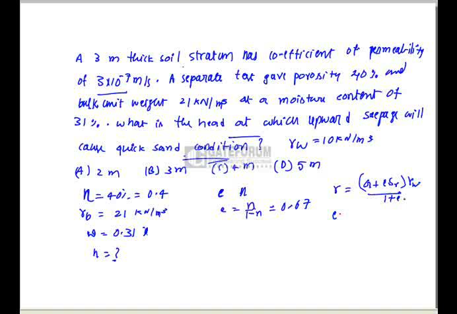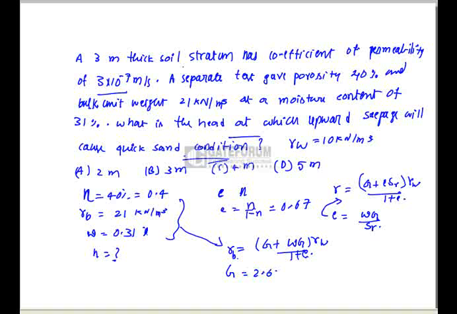We know void ratio is equal to w G by S_r. So by substituting this e value in the above equation, we get gamma is equal to G plus w G into gamma W by 1 plus e. By substituting these values in this equation, we get the G value as 2.68.